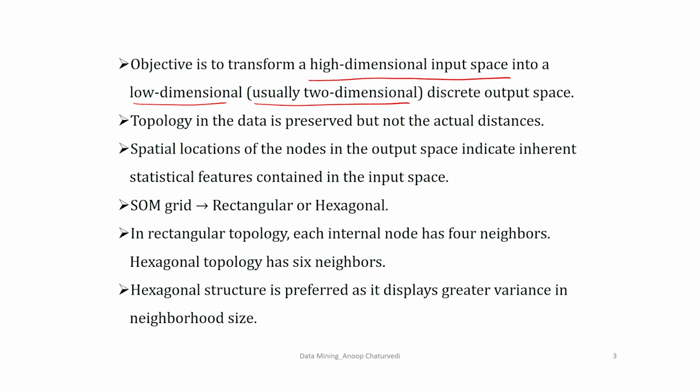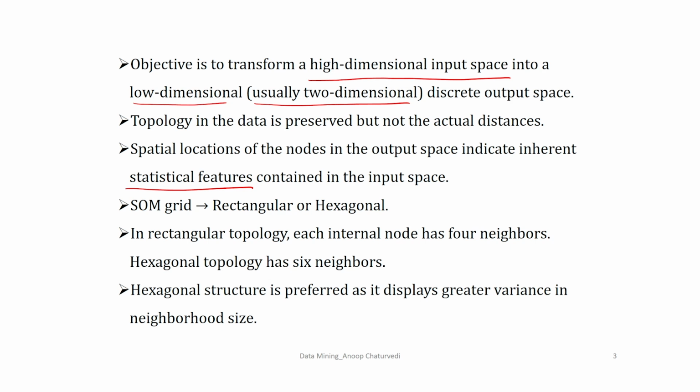So, in the output space, you have nodes at different spatial locations, and these spatial locations actually indicate different inherent statistical features contained in the input space.